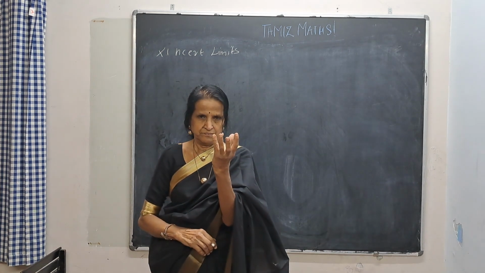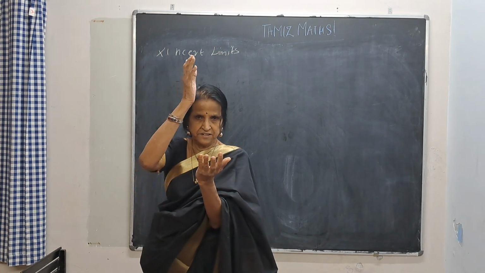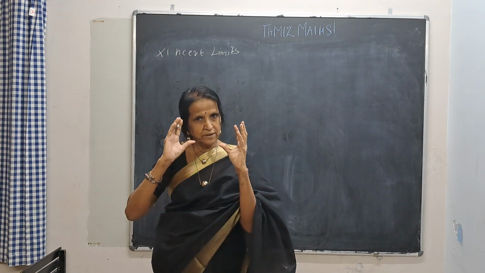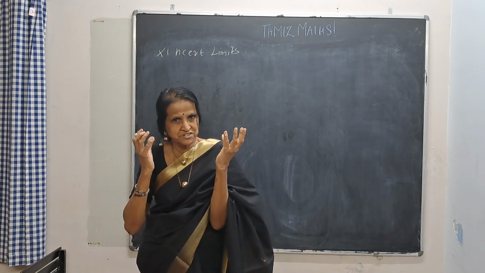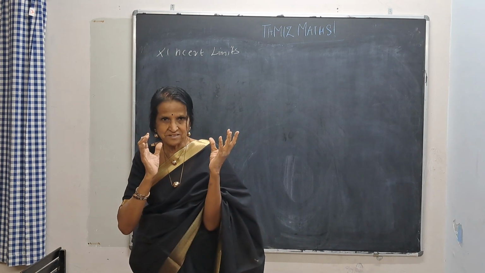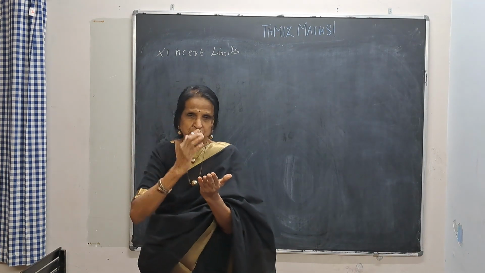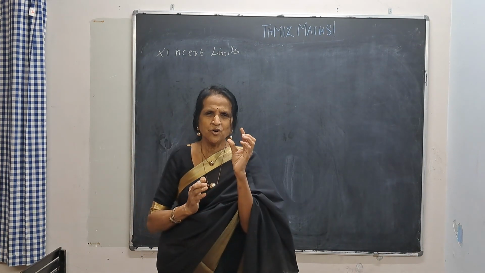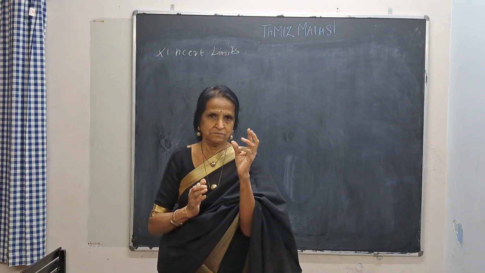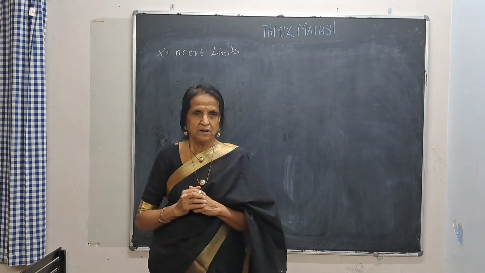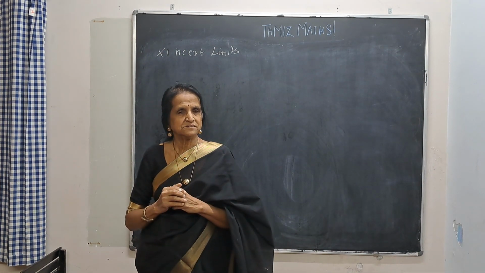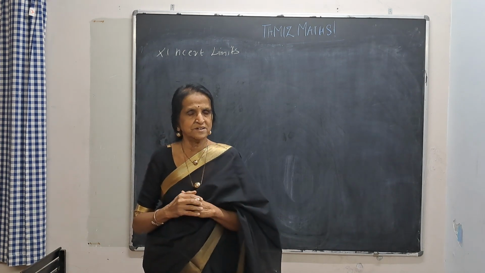Take an apple, cut it into two. You get quite a good share, don't you? You can eat it. You cut it into 4, you get a small share. You don't get big, but that is also fine. You cut it into 8, you get something. Definitely you get something.